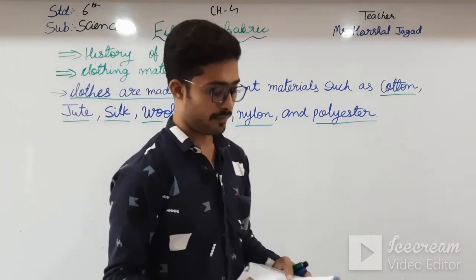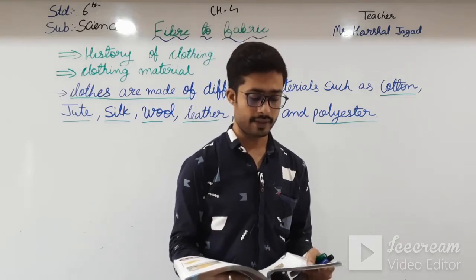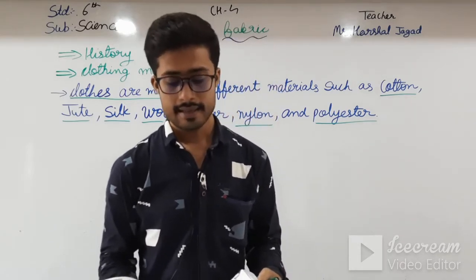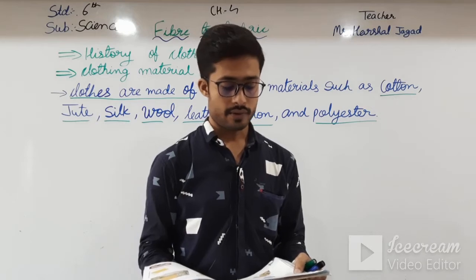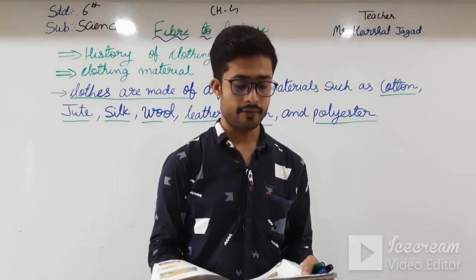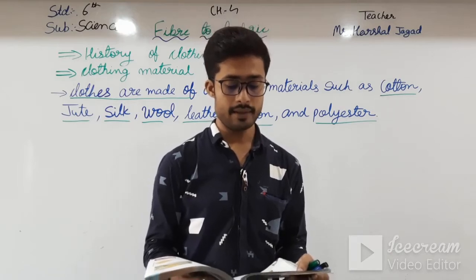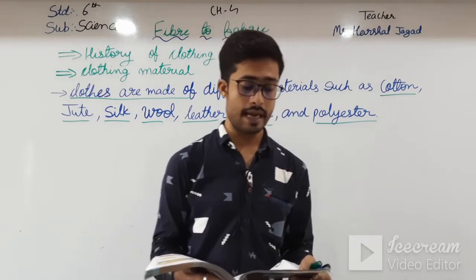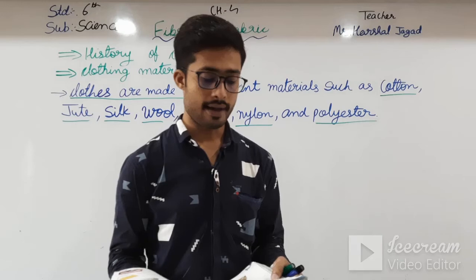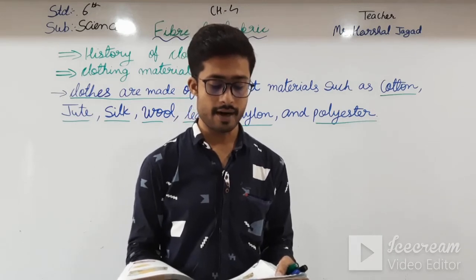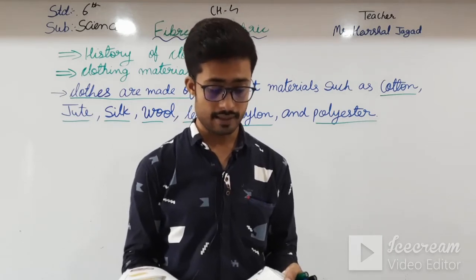We get these materials from both natural as well as synthetic sources. From plants we get fibers such as cotton and jute. From animals we get fibers such as wool and silk, and leather is a material that is prepared from animal skin.